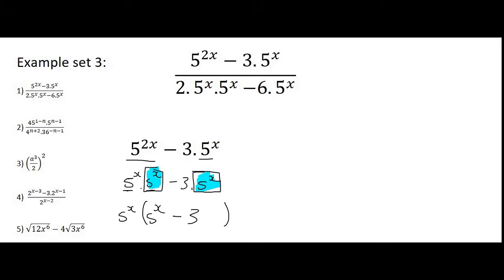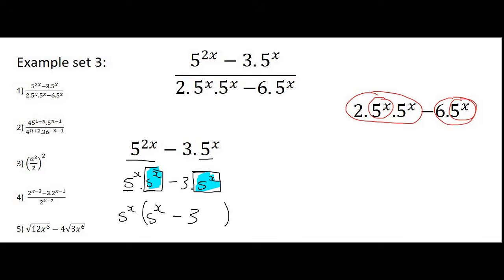I'm now going to look at the bottom half and factorize that as far as possible. So in the bottom half, we can see that there's definitely two terms. That's one term, and that's a second term. What we can see is that there's a 5 to the x in the first term as well as a 5 to the x in the second term.